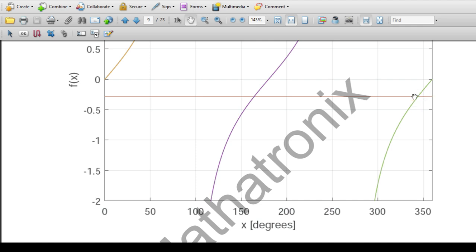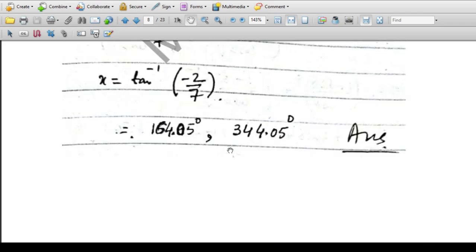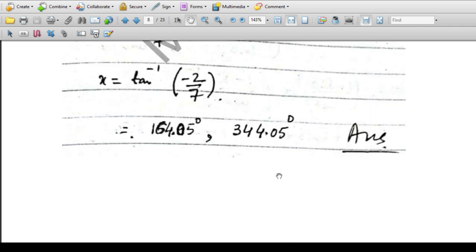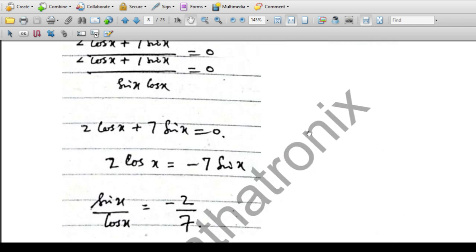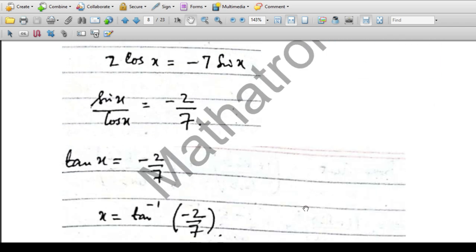This is the fourth quadrant. So we can see here there are two solutions. So we have verified by the plotting that our solution is correct. Whatever is required in the examination is from here to here.